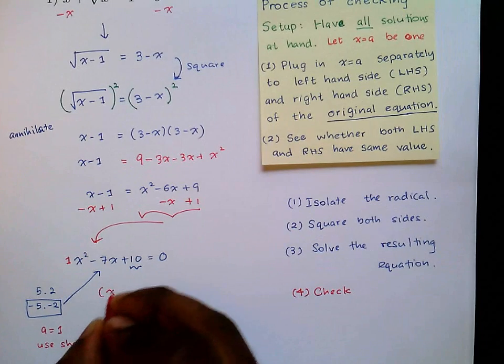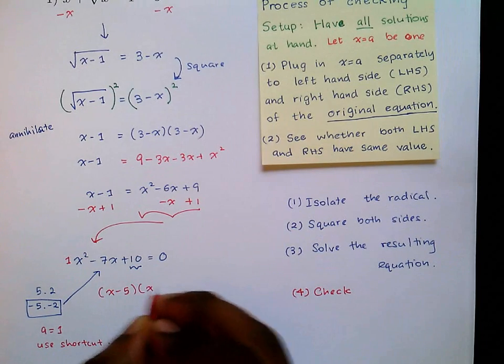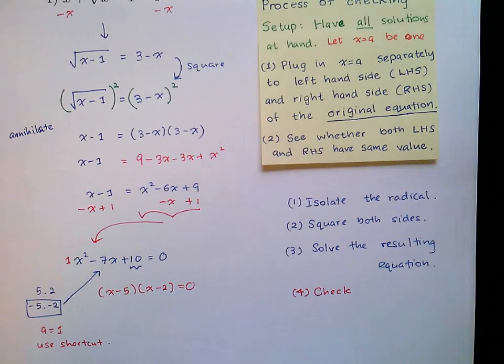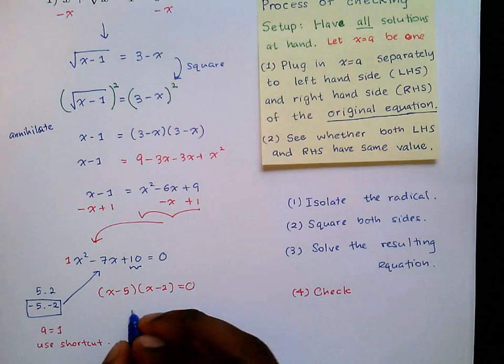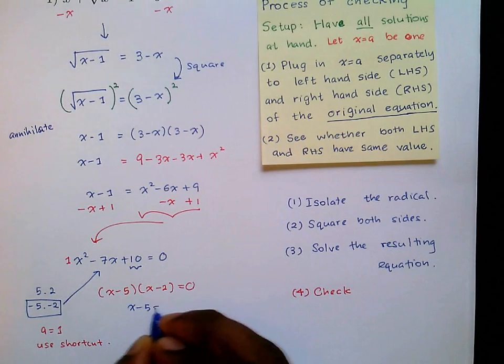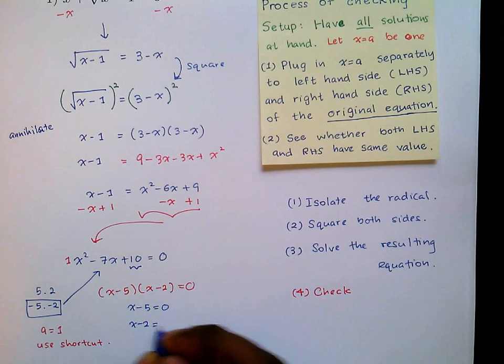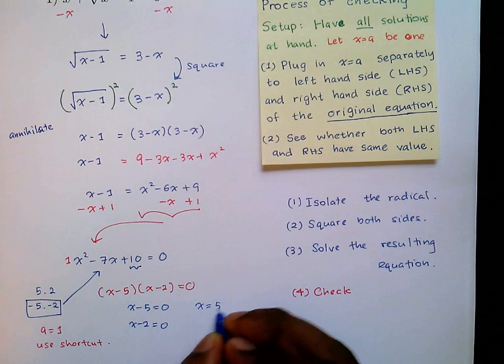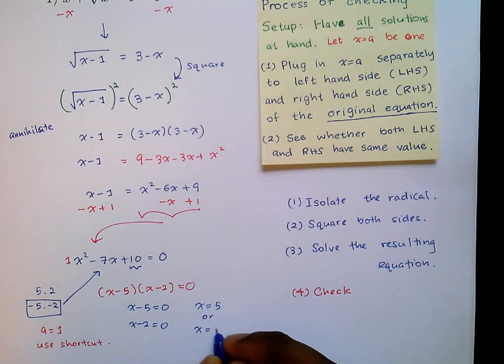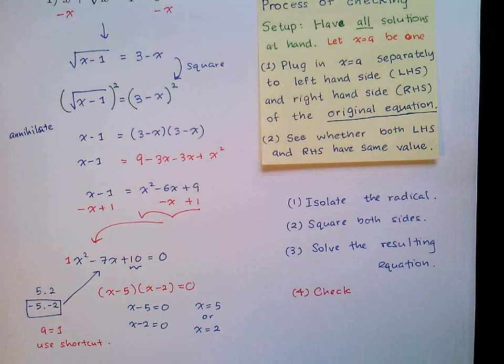So you get x minus 5, x minus 2 is equal to 0. Using the zero factor property, x minus 5 equals 0, or x minus 2 equals 0, x equals 5, or x equals 2. Now the question is, are these the actual solutions?